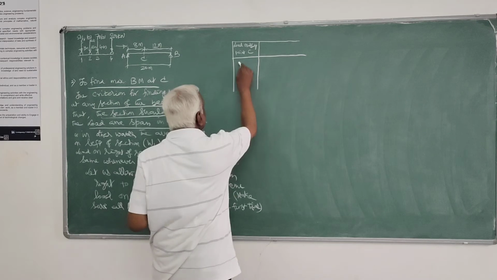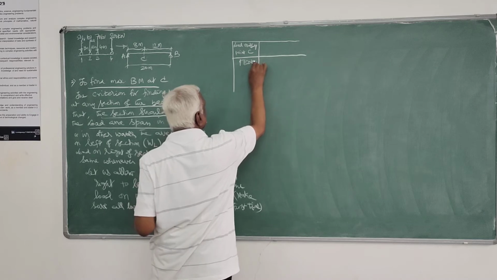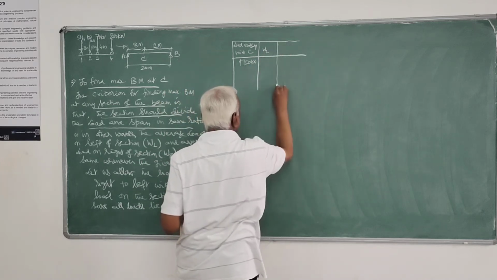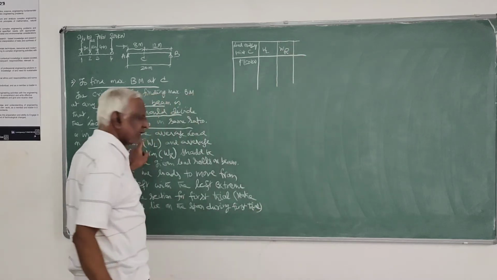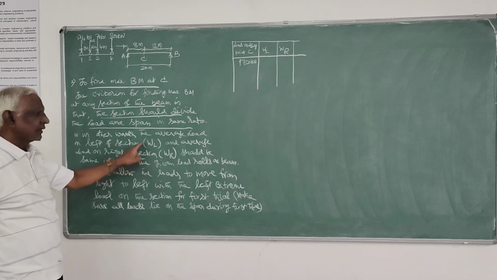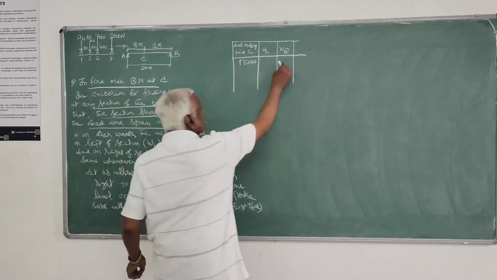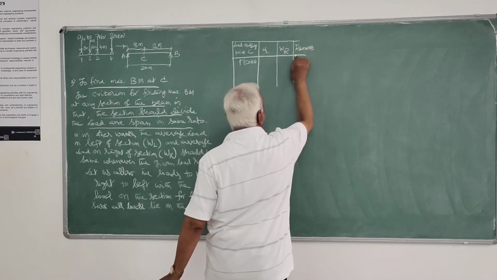First load has to be 50 kilonewtons, or load 1, which is 50 kilonewtons. Then you consider WL and WR, which I have defined here, the sum of the average load on the left side and the average load on the right side. Then you find the marks.